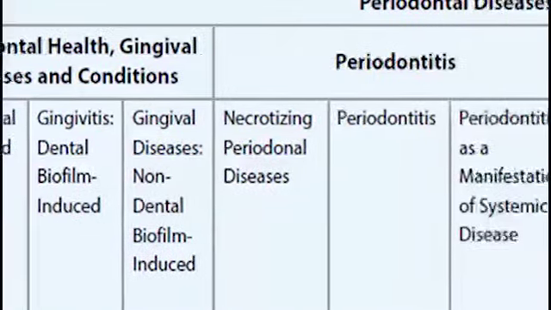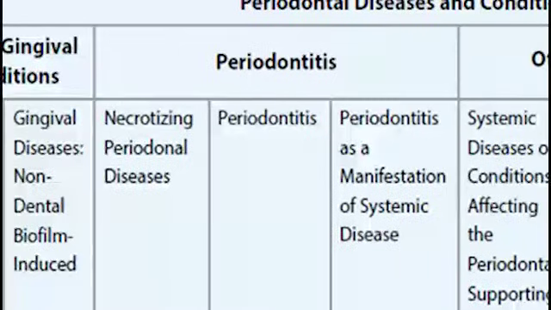Then we go for the periodontitis category. There are necrotizing periodontal diseases, periodontitis, and the third is periodontitis as a manifestation of systemic disease. In this one, we will be dealing with periodontal conditions with some relation to systemic diseases.